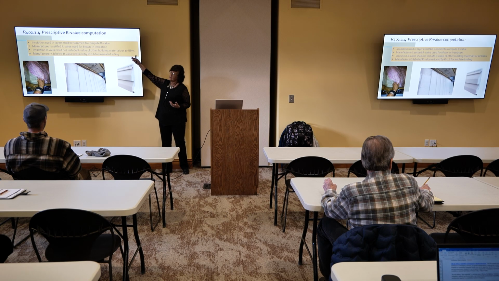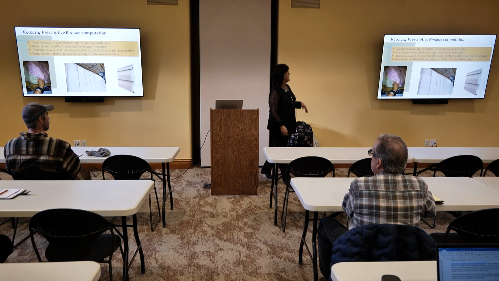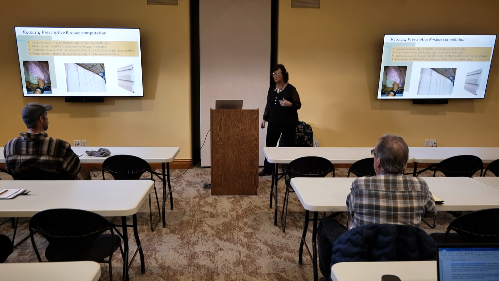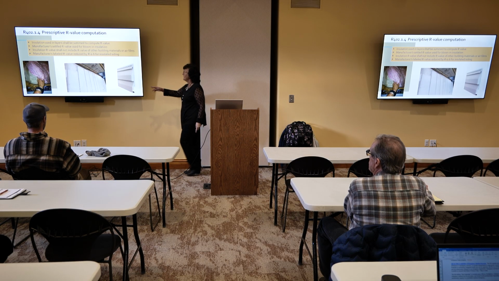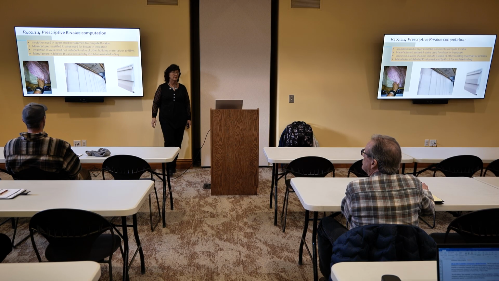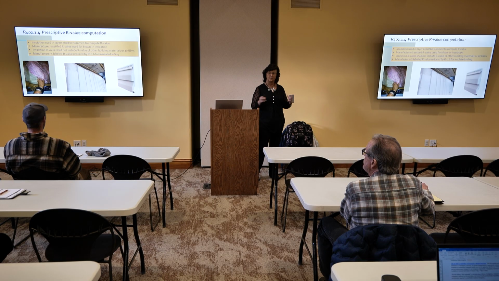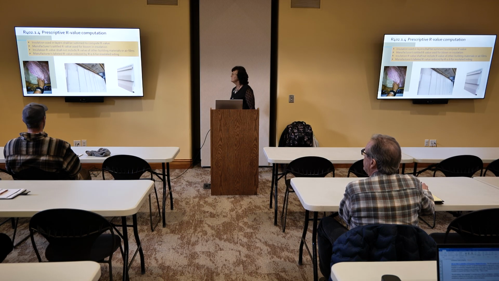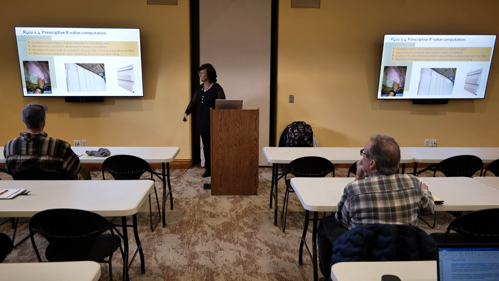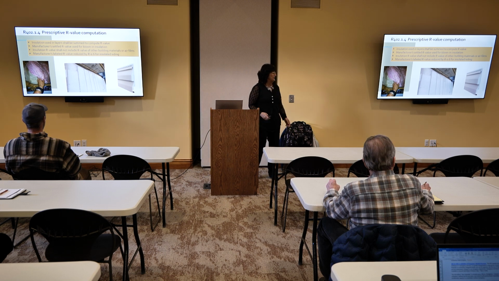So the code now says, if this package would have said this comes in at an R2 continuous insulation, you're only allowed to count it as an R1.4 because you have to knock off 0.6 from it, right? Because of the way that it gets installed and it's not perfectly R2, right? So just want to point that out if you're counting on that for part of your continuous insulation value.